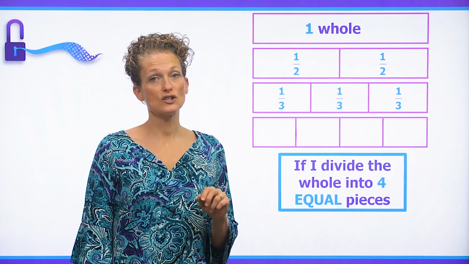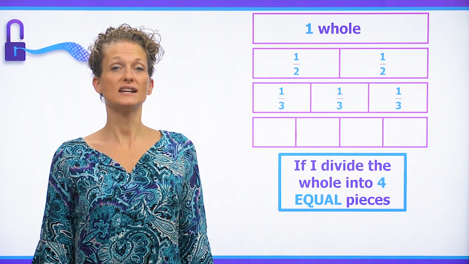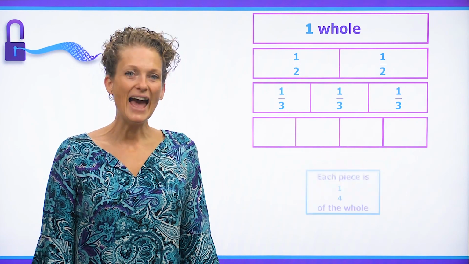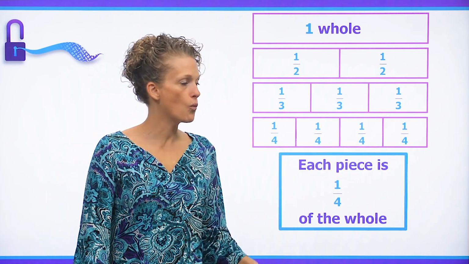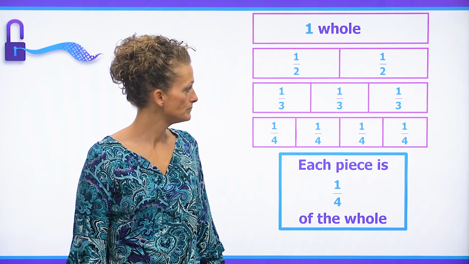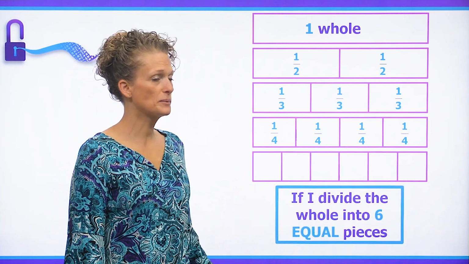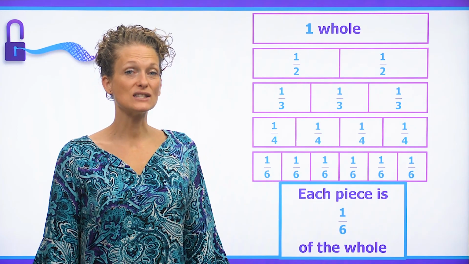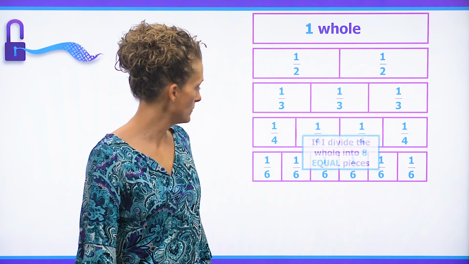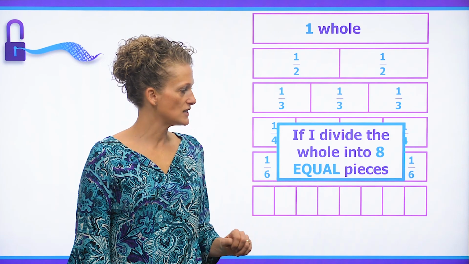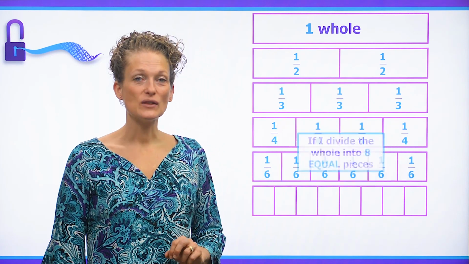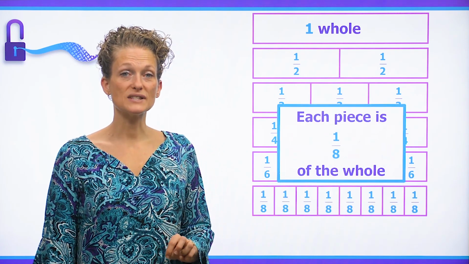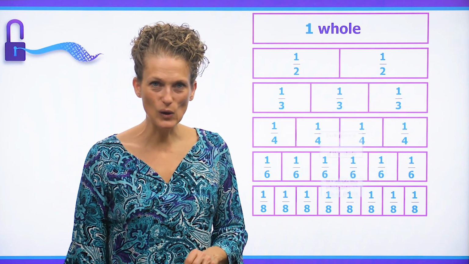Then we're going to take this strip, this 1 whole, we're going to divide it into 4 equal pieces, and each piece represents 1/4 of the whole. We're going to divide it into 6 equal pieces, and each piece represents 1/6 of the whole. Then we're going to divide it into 8 equal pieces, so that means that each piece represents 1/8 of a whole.